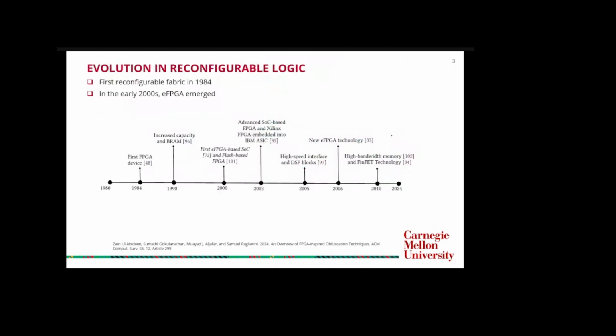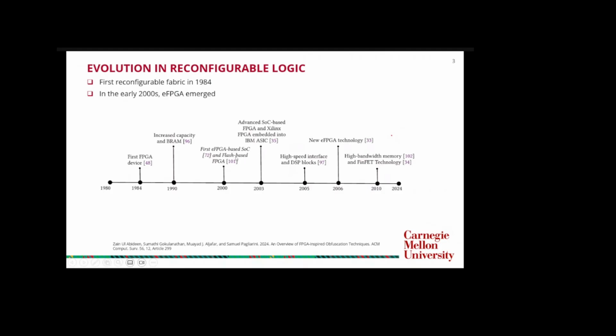So now let's do a little bit of a recap of the history of how reconfigurable logic evolved over time. We have the first field programmable gate array logic, a device that was actually invented by Xilinx in 1984. Then this architecture became a need for the industry, and they increased the capacity and block RAM.